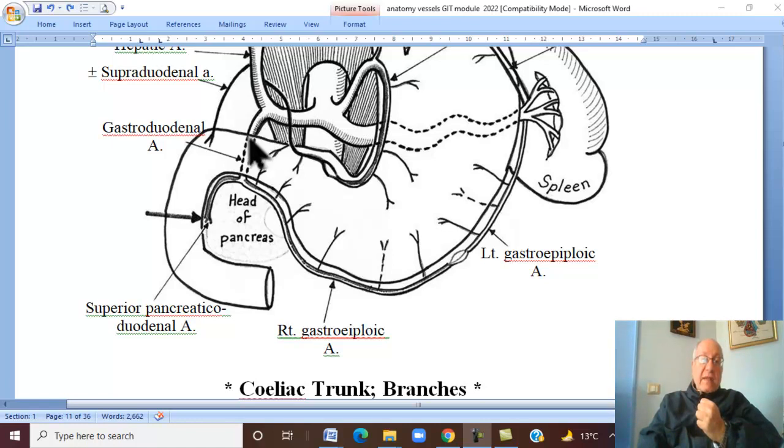Therefore, anteriorly, there is the first part of the duodenum, and on its right side, the same as hepatic artery, common bile duct, and posterior to gastroduodenal artery is the portal vein.